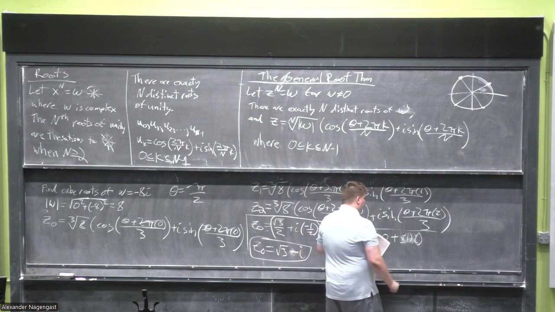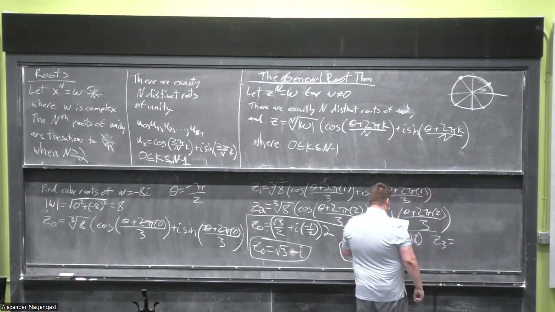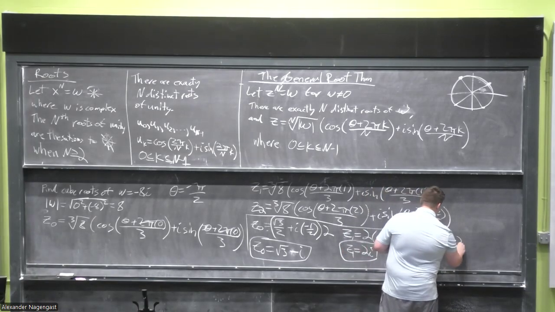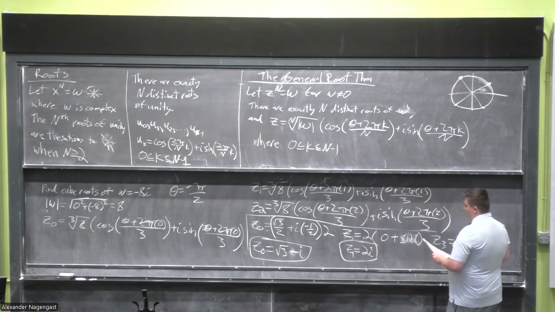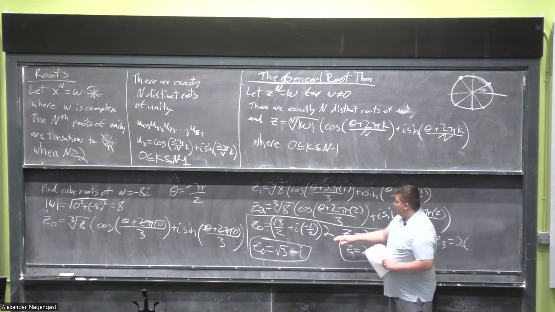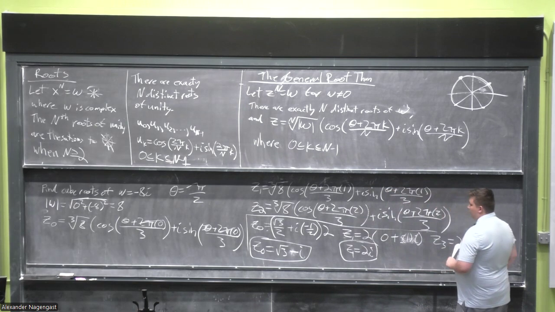And now when I look at z3, we have 2 times, and we plug in negative pi over 2 in for theta.